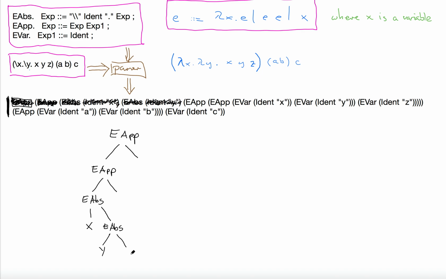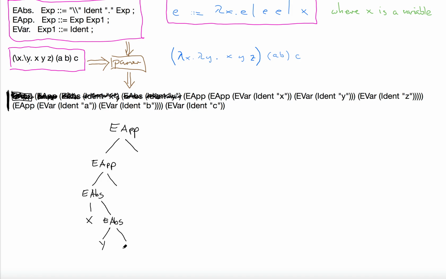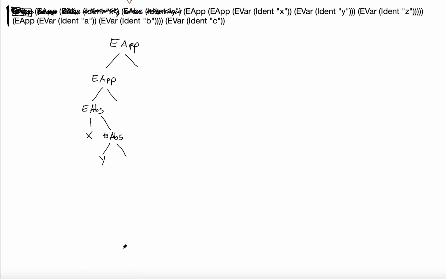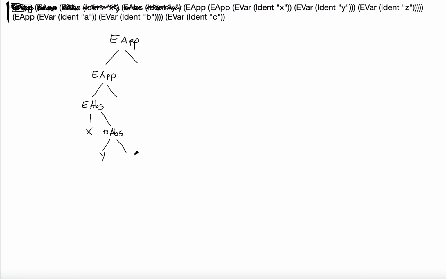And now we have an application. Okay, so let me scroll this up to gain some space. So then we have an application. It was here. An application has a branch on the left and a branch on the right. So what is the branch on the left? The branch on the left is another application that was here.